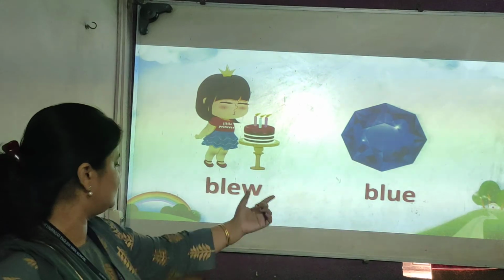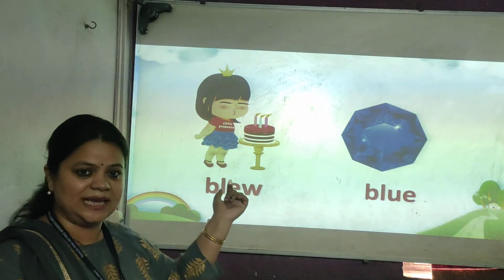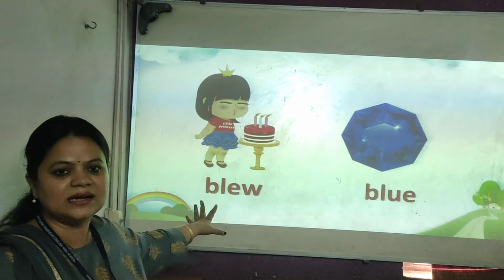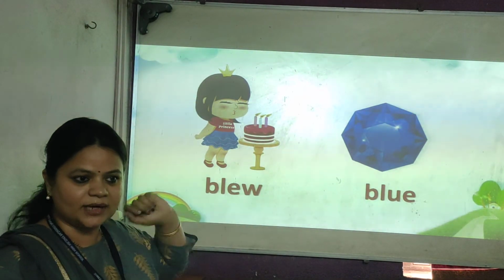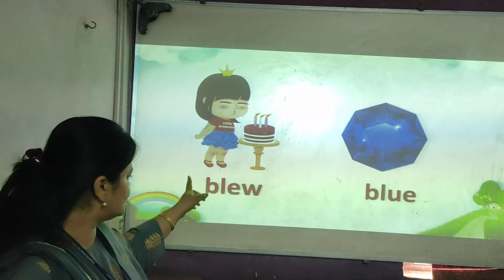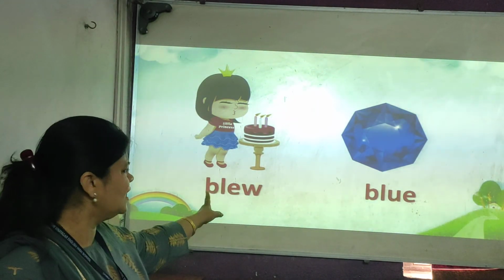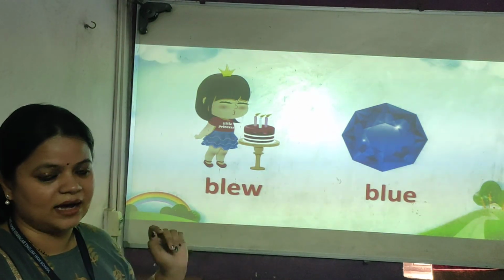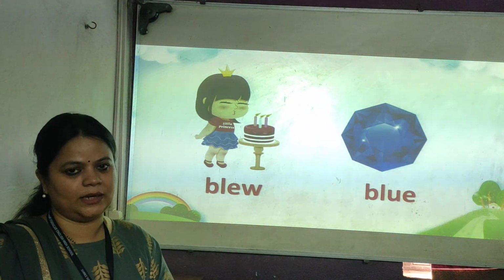For example, when you read both the words blew and blue, they sound the same, but their spelling, see this blew and that blue, is different and their meaning is also different. That blue is a color, the name of a color, whereas this blew means when you blow the candles. Yes? So when you read the words in English, words that sound the same but their meanings and spellings are different. So hope all of you understood this topic very well. Thank you.